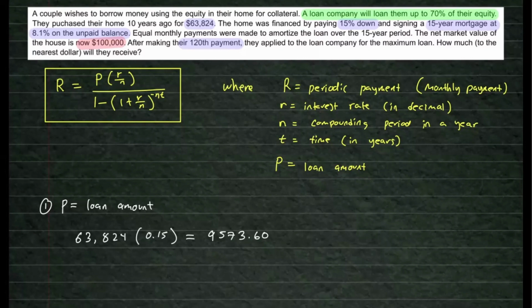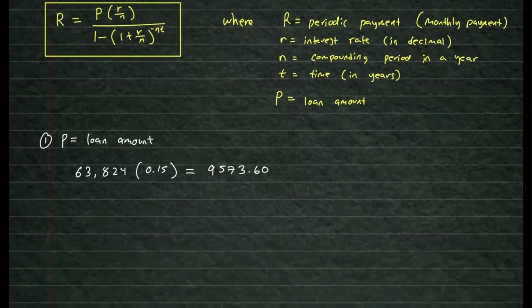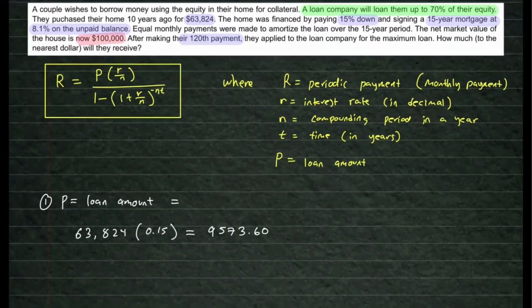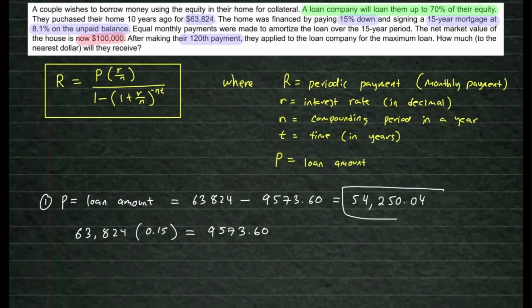All right, so that's how much they're putting down, which means their loan amount is going to be the price of the house, so that's 63,824 minus 9,573.60. This will give you, if you put it in your calculator, $54,250.04. So that is the loan amount.